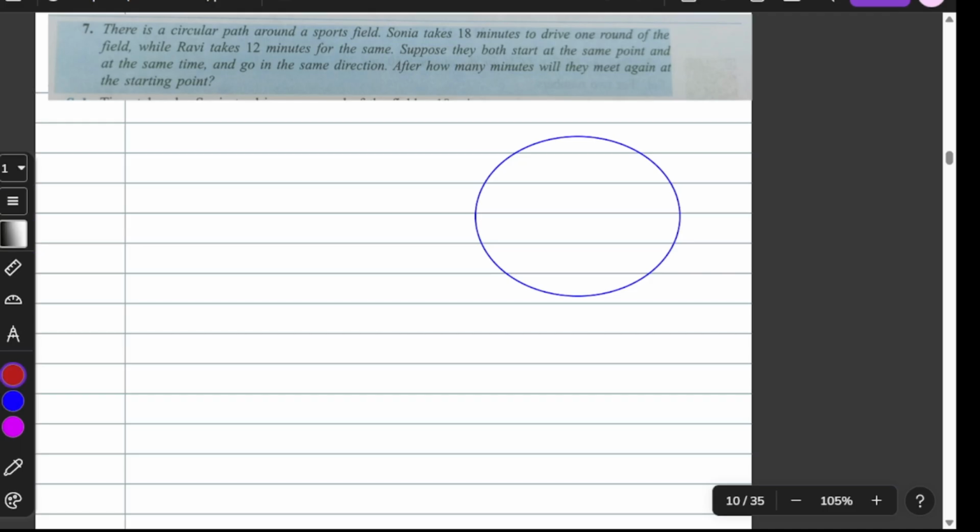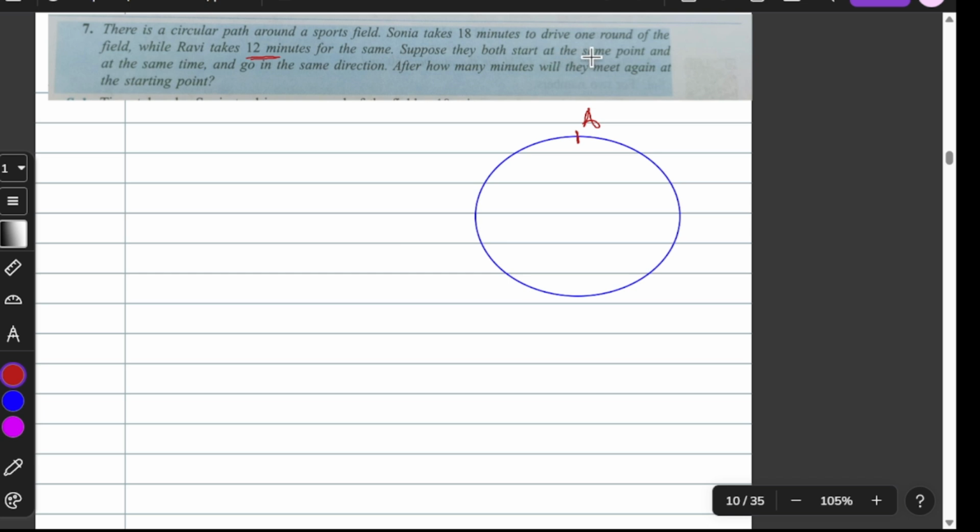If Sonia takes 18 minutes to drive one round of the field, that means if she started from this starting point, in order to return back to the same point called A, she took how many minutes? 18 minutes. And Revi takes 12 minutes. Revi is the second person who also started from the same position at the same time, but he took only how many minutes? 12 minutes.